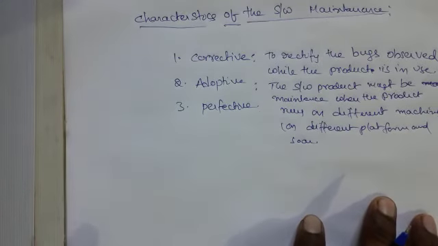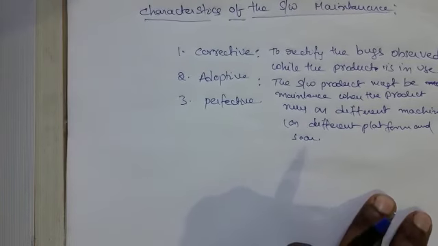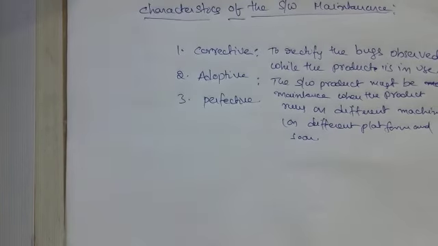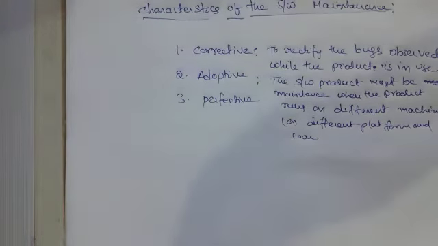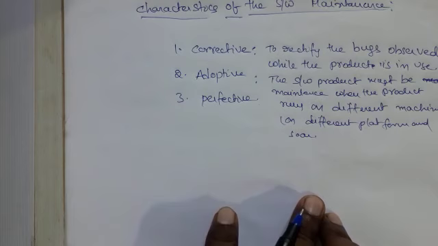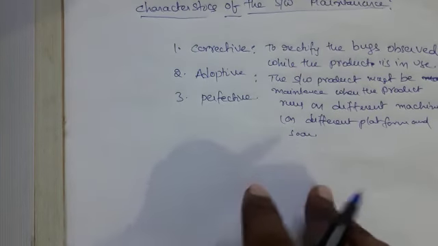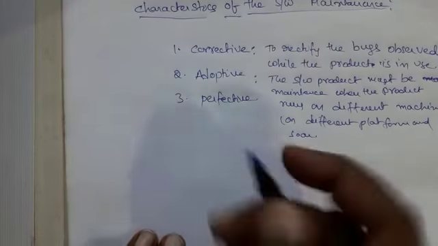That means the software is executed on different machines, that is little endian format machine or big endian format machine. Otherwise one platform or another platform, that means Windows platform or Linux platform. That is the adaptive approach. The software product must be maintained to run on any kind of machine or any kind of operating system.